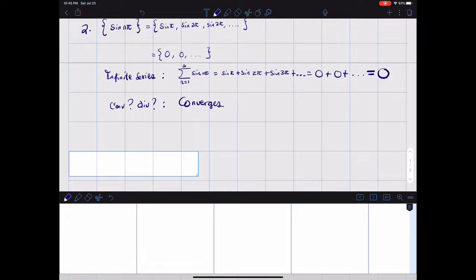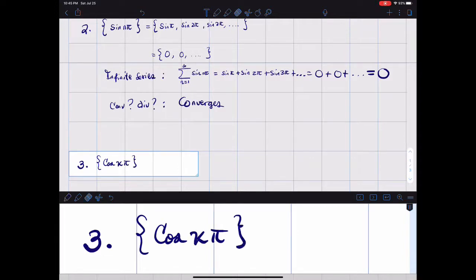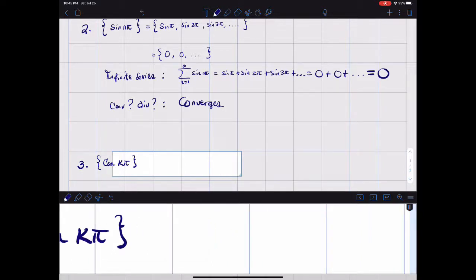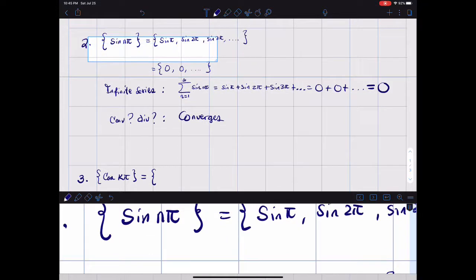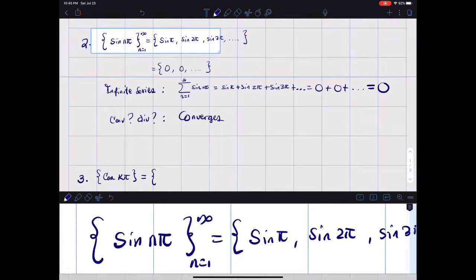Another one. Let's do the same thing but with cosine. Cosine of k pi. We can start wherever we want.